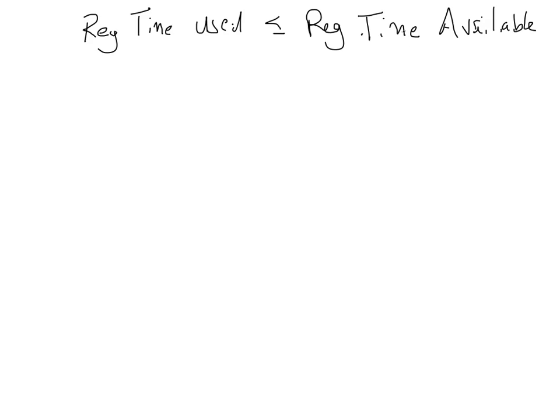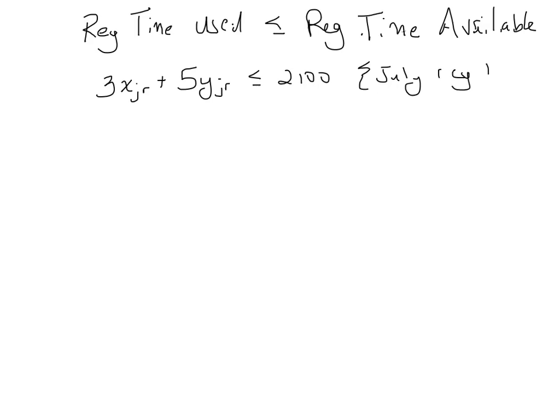Alright, so in July, we have 3 hours for XJR plus 5 hours for Y sub JR, and we had a total of 2100 hours. So that's July regular time.